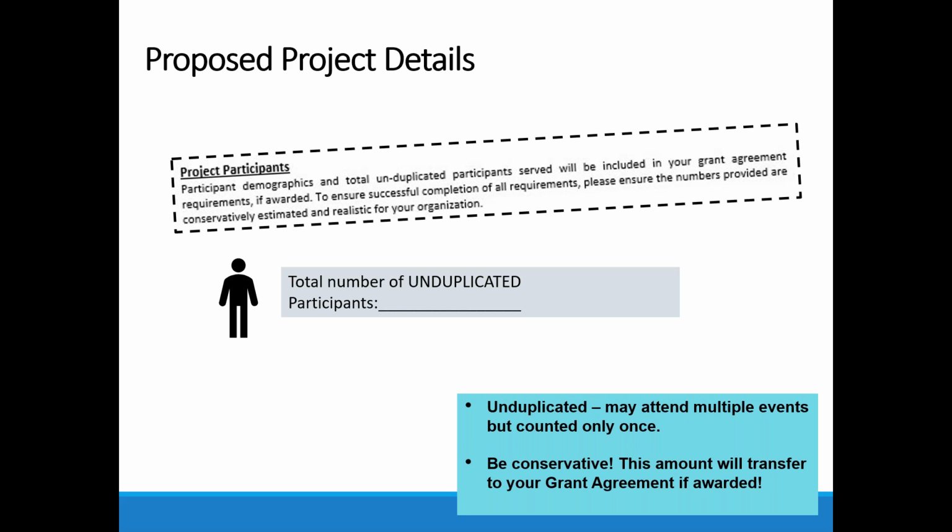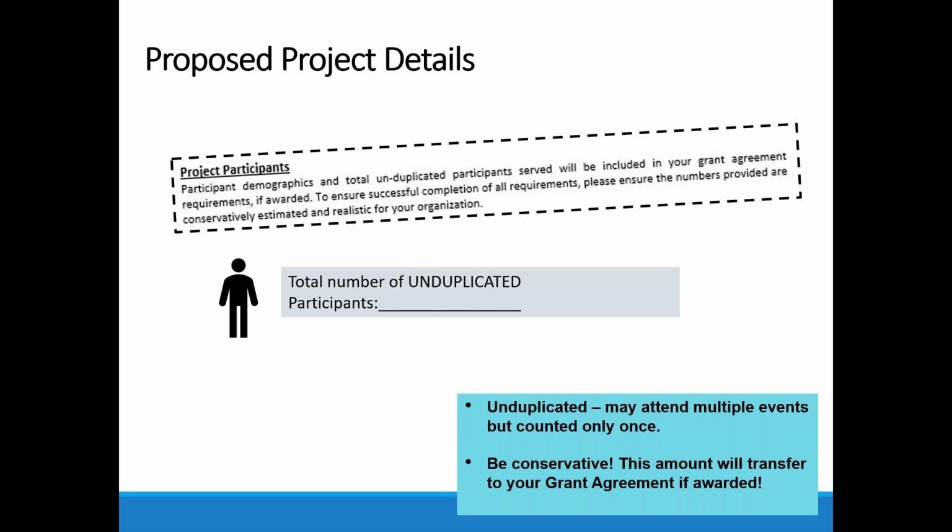Now, there's a temptation to put a really big, impressive number here, and I want folks to really think about that. We value quality over quantity. And if you're unable to actually serve the number that you propose on this line, it would make you ineligible for future grants with Texas Parks and Wildlife. I encourage everyone to be conservative.